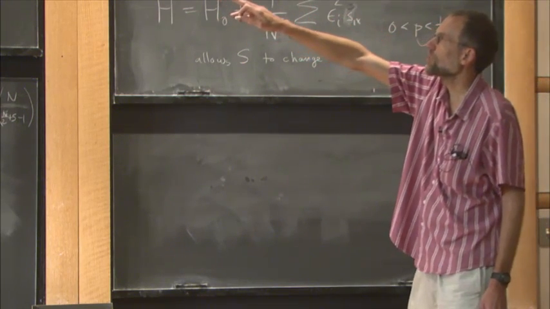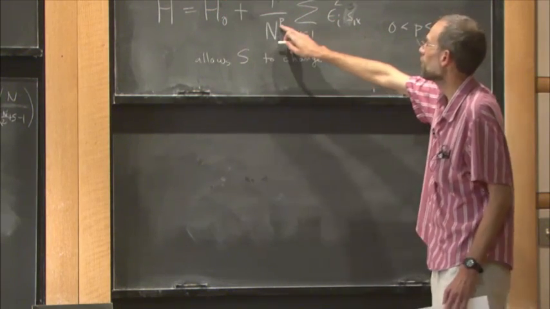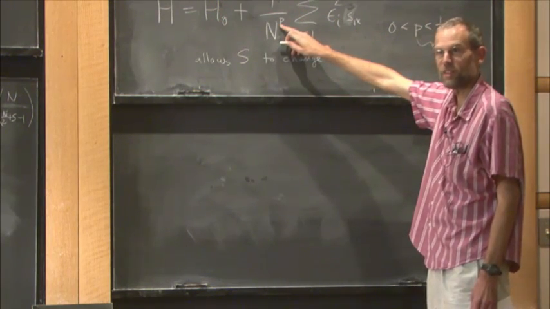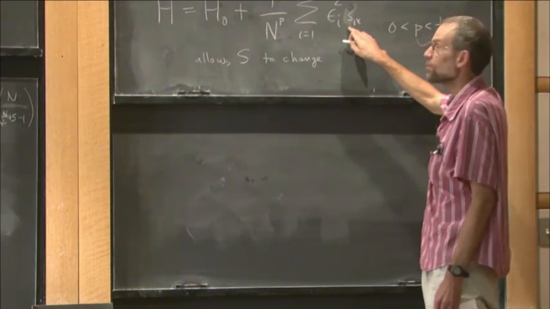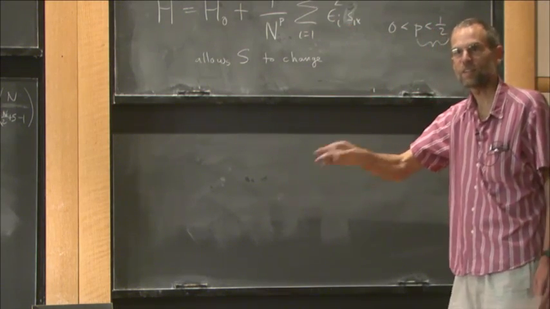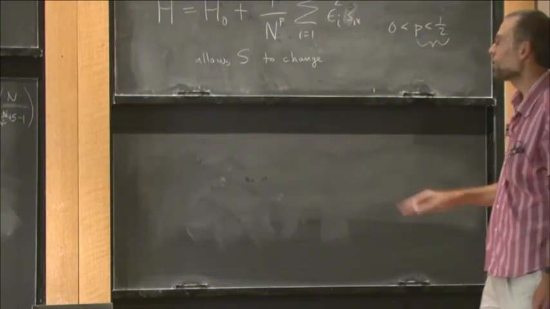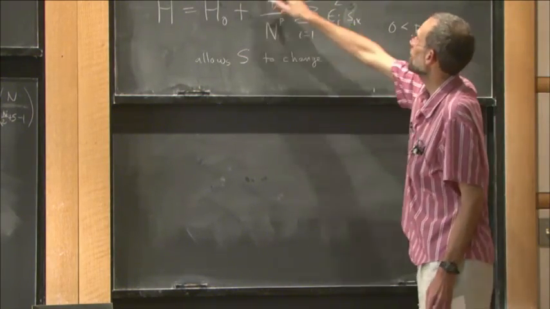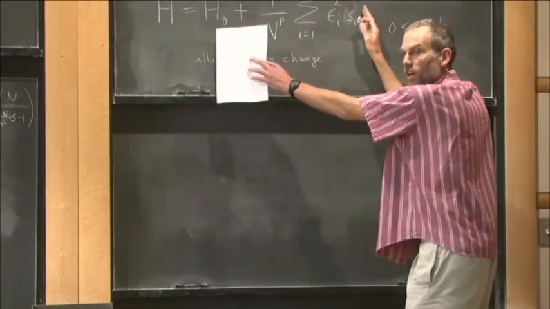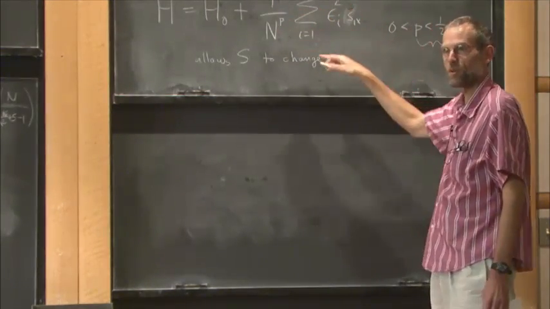A quick way of saying it is, I want the mean field seen by each spin to be the same as in H naught. That's why I want p to be positive, so that my perturbation on the dynamics of each individual spin goes away in the thermodynamic limit, and the thermodynamics of the system can be unchanged. But I want the perturbation on the many-body system, the total operator, to be large in the thermodynamic limit.